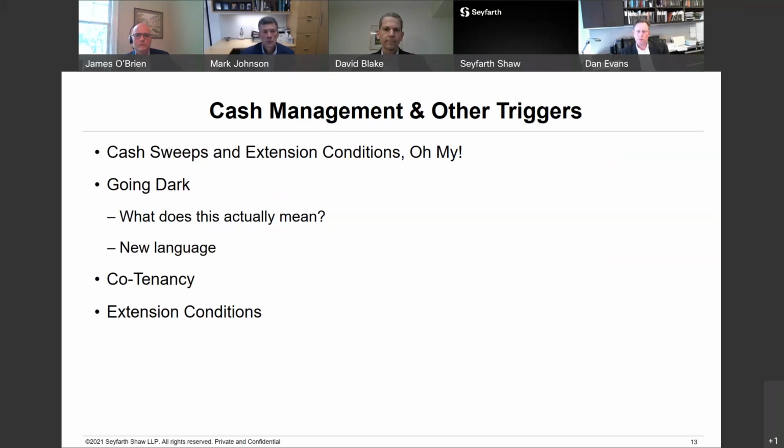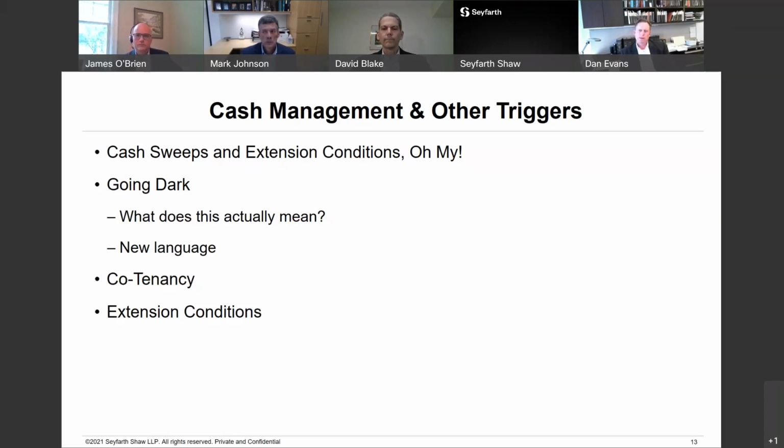If your lender is sweeping everything that you have and putting it into an excess cash flow account, even if you cure, they will typically start having the funds run through the cash management waterfall and go back to the borrower, but there's cost there, there's expense. Lenders hate to actually turn off cash management entirely because they're afraid they're going to be going in and out, and it takes time, it costs money.